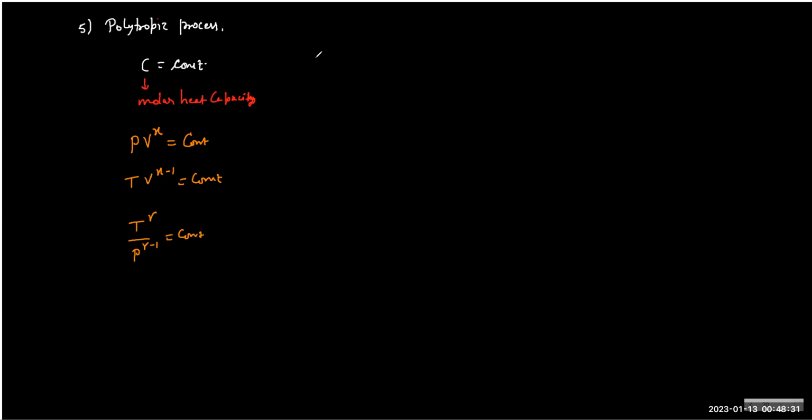Now, if you really want to derive this, you have to start again with the first law of thermodynamics, because we have nothing else left here. So what is the first law of thermodynamics? dq equals du plus dw. And what is the definition of C, guys?